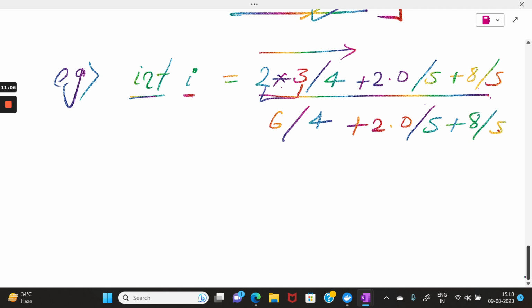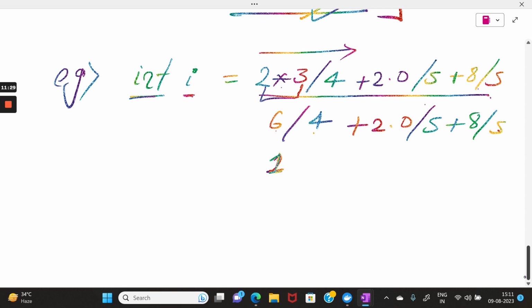divide by 5. Now again these three divisions have the same precedence, left to right associativity, so 6 divide by 4, both are integers, so our value is 1. Actually, it should be 6 divided by 4 something in decimal, but we just have to take the integer value only from that.